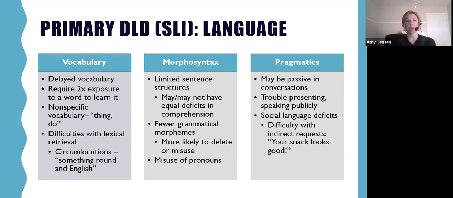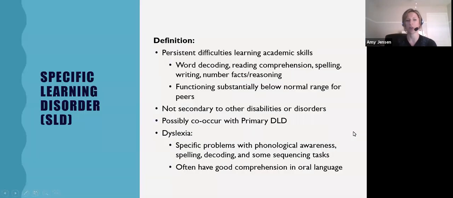Someone who's a little more savvy and aware of that nuanced piece of language might understand that that's an indirect request and say, "Yeah, it is really good. Do you want some?" But in this case, the child with a language impairment took it literally and said, "Yeah, it is really good." So some of those more nuanced aspects of language will be difficult for them.